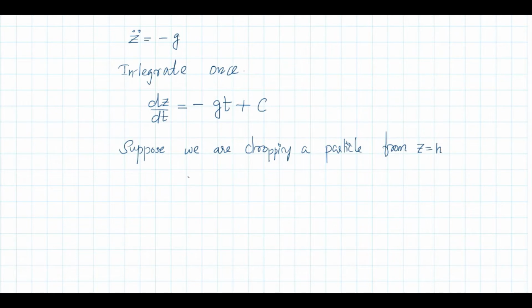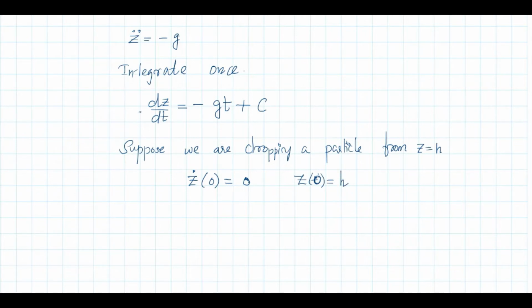If you are dropping a particle from a height h, then the initial conditions are: z dot, the velocity at time 0, is 0 because it is simply dropping. For a particle which is dropping, the initial velocity is 0, and z at time t equal to 0 is h. These are the initial conditions.